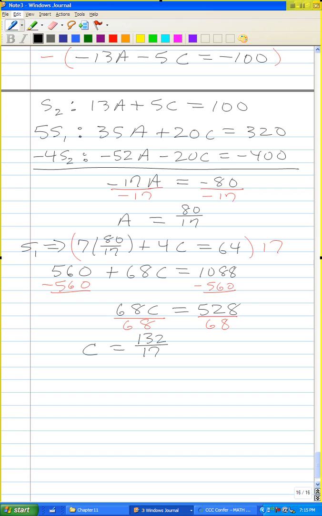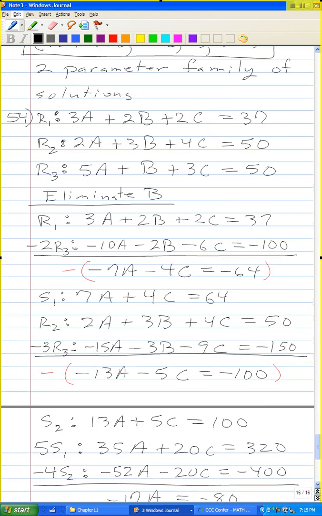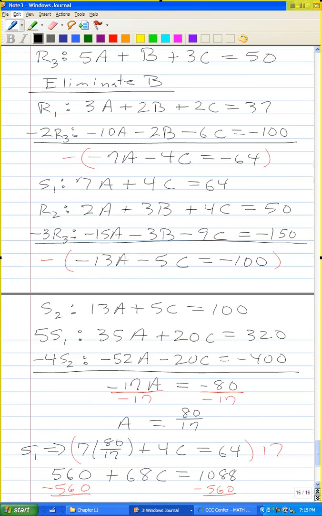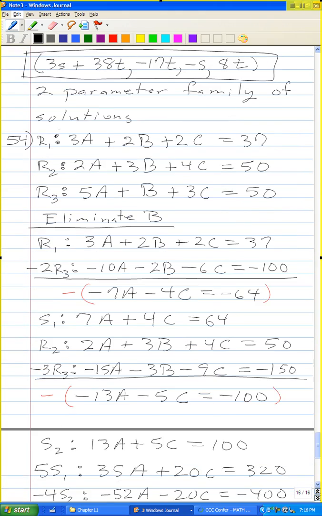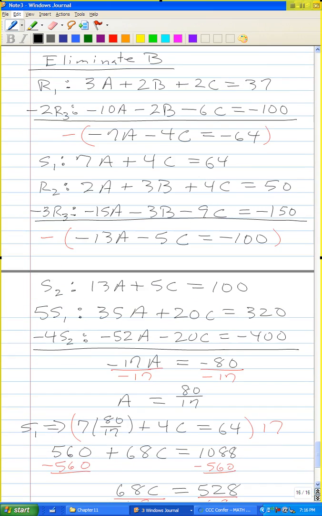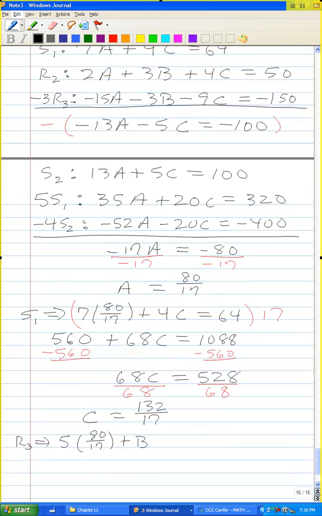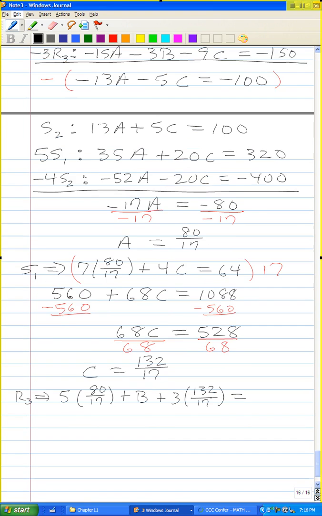Okay. And then B. Okay, let's see. B, how about R3? So let's do R3. And so 5A plus B plus 3C is equal to 50.